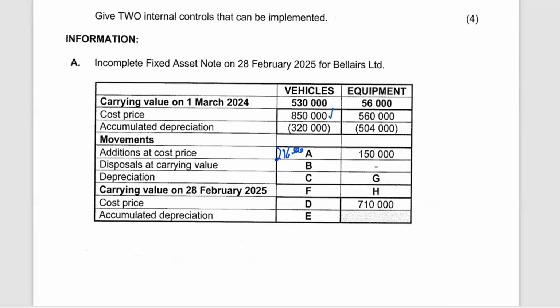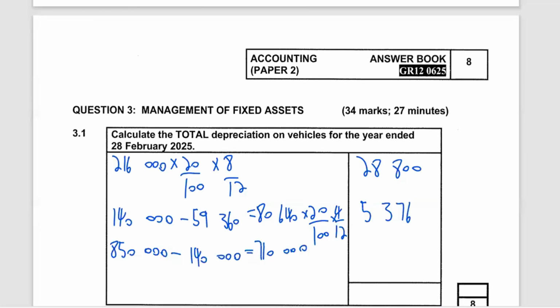So now we also need to calculate the accumulated depreciation. So accumulated depreciation at the beginning of the year, it was 320,000. But from this 320,000, there is an accumulated depreciation of a vehicle that was sold. And how much is that accumulated depreciation? It's 59,360.